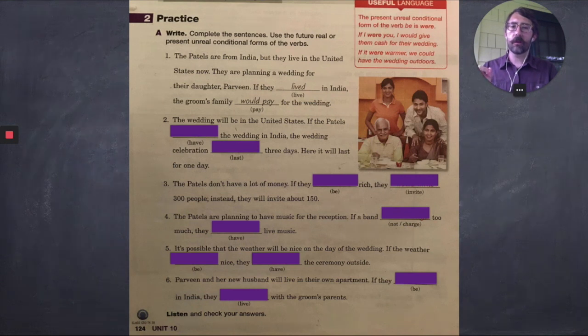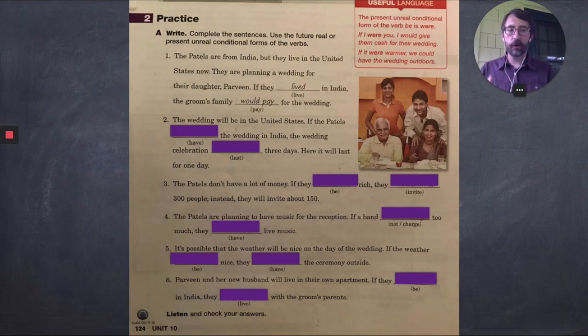That's what is real. That is what is happening. If the Patels blank the wedding in India, so are they going to have the wedding in India? No, they're not. So it's not possible, because the first sentence told us they're having the wedding in the United States. So that's telling us already that we're going to be using the present unreal.